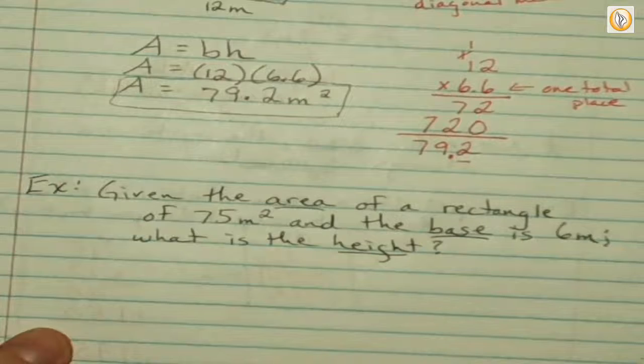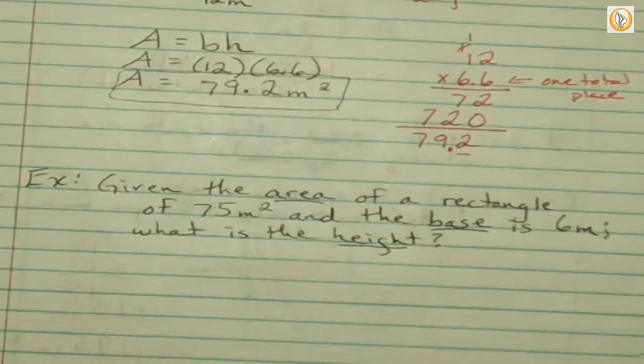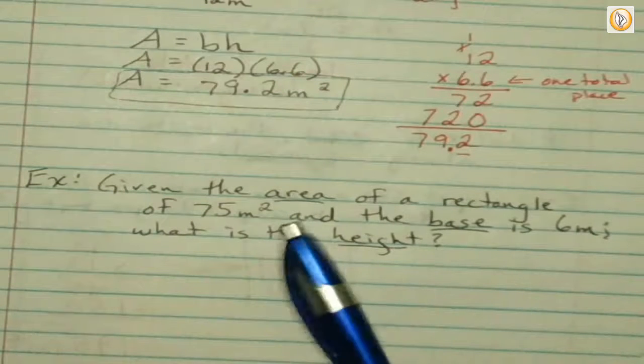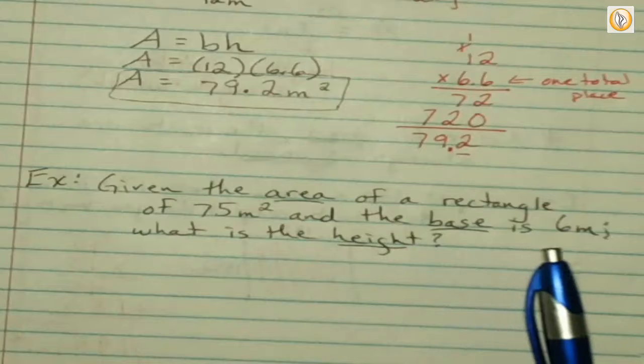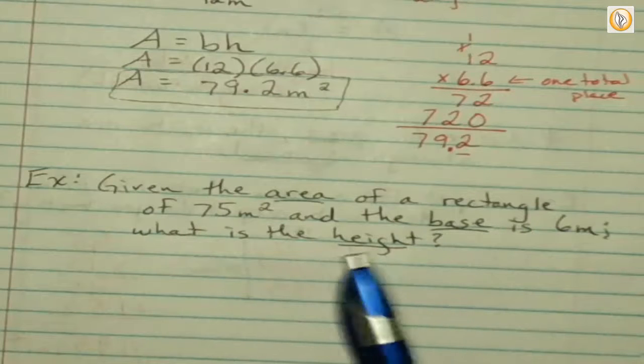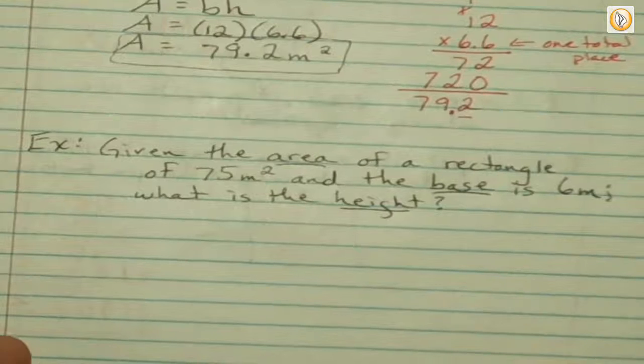So this time, up here, we were looking for area, correct? Both examples we've done, they were looking for area. Well, this time, they gave us the area and the base. This time, the question is, what is the height? And it doesn't matter if it's rectangle or parallelogram.